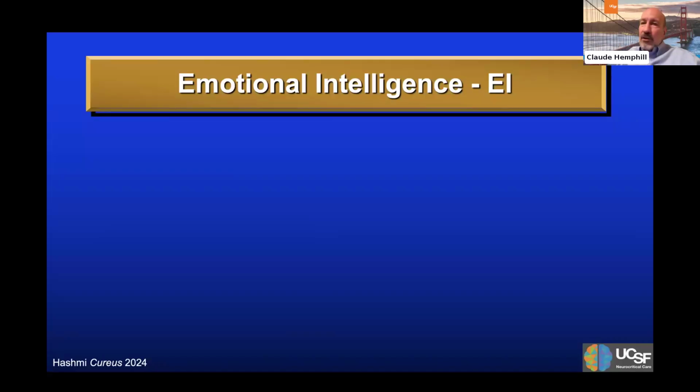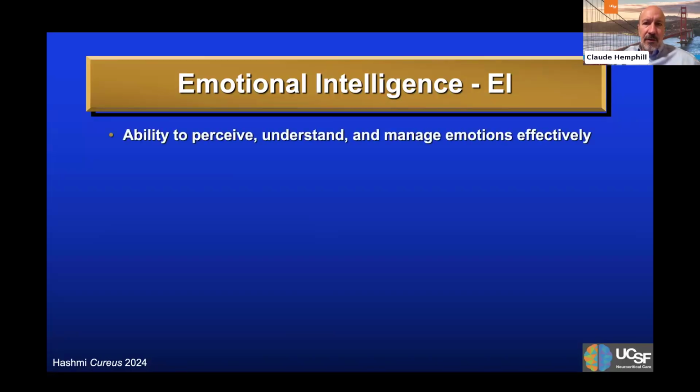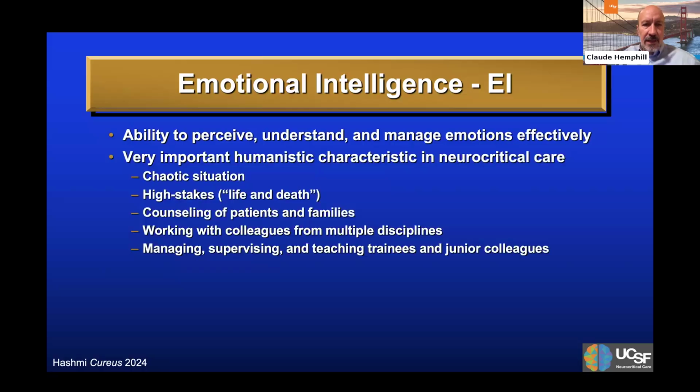So I alluded previously to these discussions that we have in the intensive care unit about not only facts, but about challenges related to how we are taking care of patients and how patients do. And this is really emotional intelligence, the ability to perceive, understand, and manage emotions effectively.